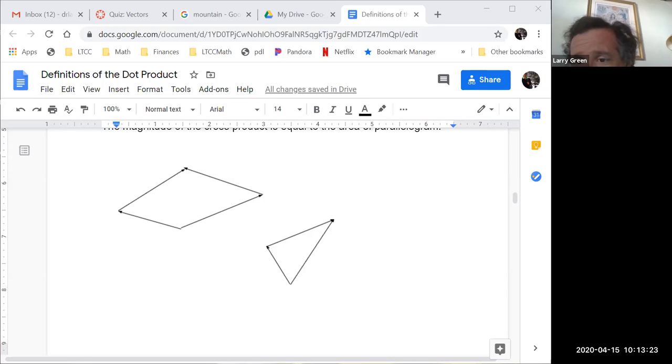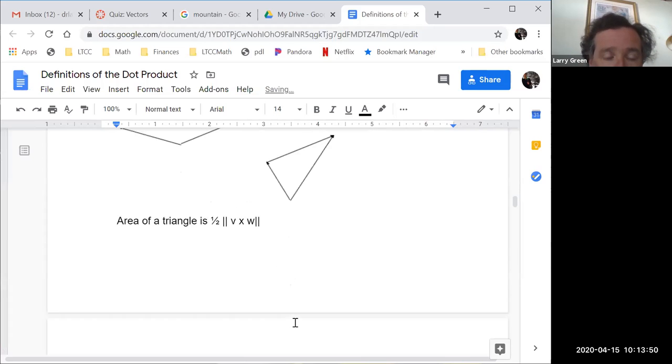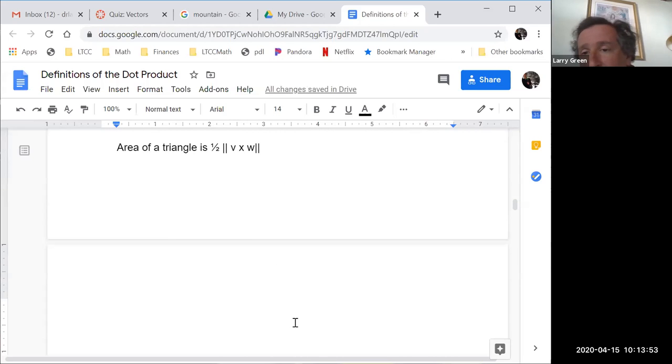Yeah, you get the idea, but not star, it's cross. So the area of the triangle is 1/2 the magnitude of V cross W. Any questions on that? And that's because a triangle is half a parallelogram. So nothing too magical there.